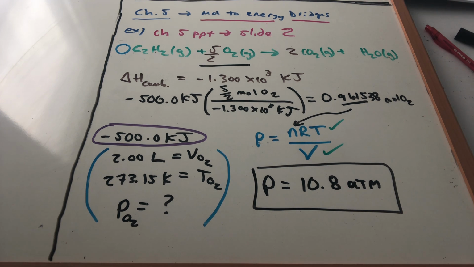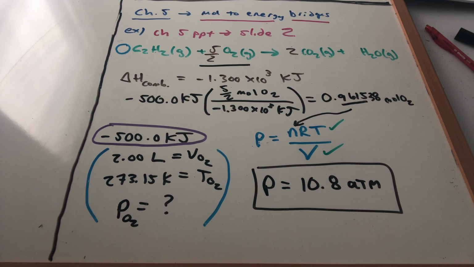So I keep mentioning it, but it's important, okay? This mole to energy bridge is just another way sometimes to get to moles. And then anything we've done throughout the semester with respect to moles, we can go ahead and answer a problem like we're familiar answering. We can fit it into something else we've learned already.